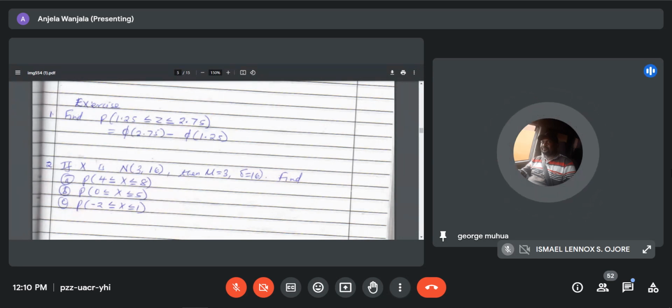But it has to be very clear. In most cases, they give N(mu, sigma squared), so that 16 is sigma squared, and we would have sigma as 4. But assuming that is the sigma, and mu is 3. Is it 2 or 3? Mu is 3. So let us get the first one: the probability that x lies between 4 and 8. Let's try it.